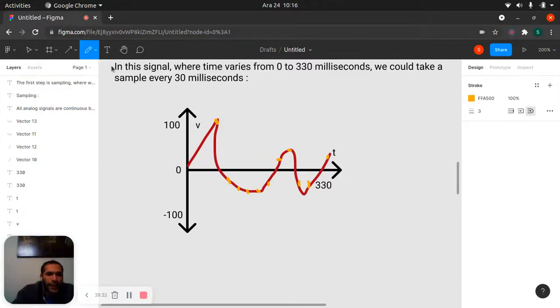Okay, let's go on again. Let's say this point is representing here, this point representing here, this one is here. Let's do it straight.